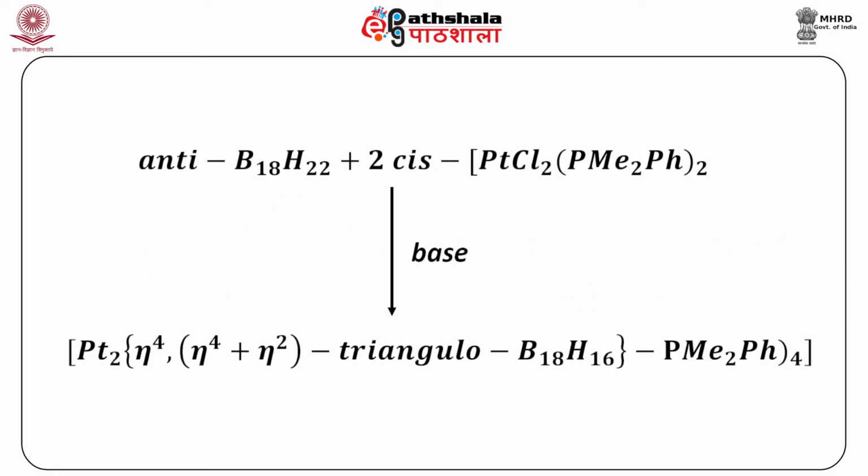Another reaction wherein the n-B18H22 is treated with a cis platinum complex in the presence of a base to give you a platinum metalloborane, wherein this borane is attached to platinum either by eta 4 linkage or eta 4 and eta 2 linkage as shown in this complex.